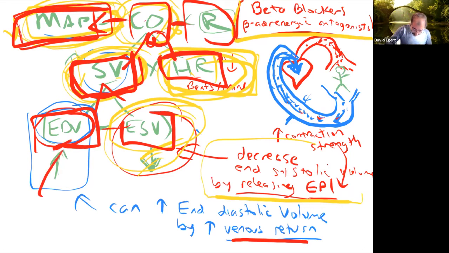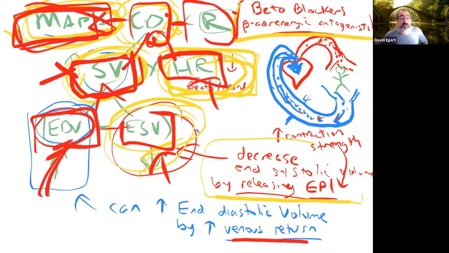So affecting any of these pieces is ultimately a way to get at controlling blood pressure. These are all things that your body is going to play with, or that the drugs that we give people to control blood pressure are going to try to influence. Okay.